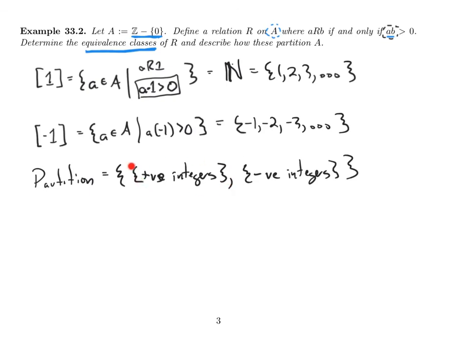Or you could think of these, of course, as equivalence classes. Remember, partitions and equivalence classes are the same thing. All right, and that is talking about how partitions and equivalence classes relate to each other.